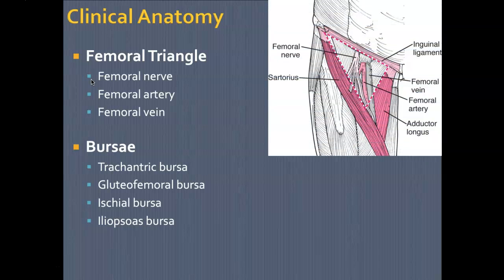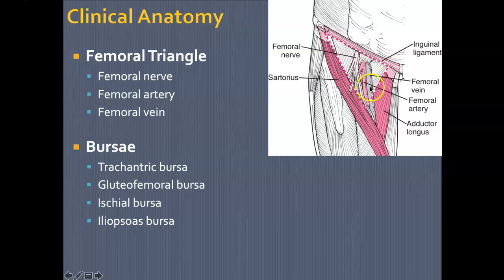Okay, so clinical anatomy, first and foremost, is the femoral triangle. And this is important because if we have a hip dislocation, it's one of the major reasons that a patient can lose their limb and it's a medical emergency. But we have the femoral triangle, and it's a triangle because it's formed by the inguinal ligament superiorly, it's formed by the sartorius laterally, and then the adductor longus medially. And within that femoral triangle are what we would call our VAN, right?